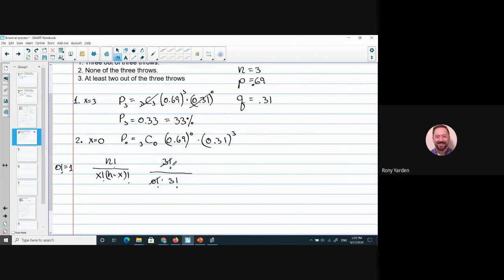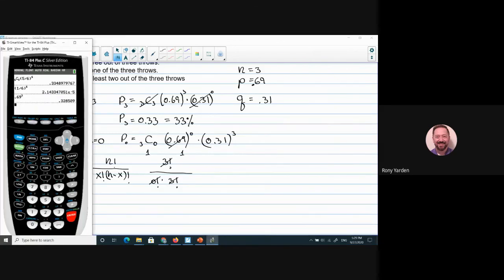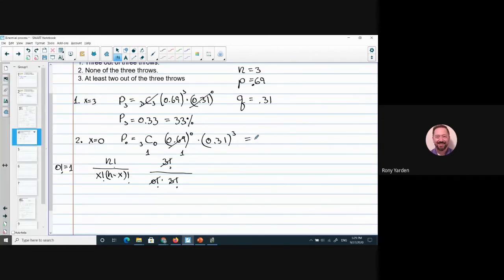This is 1, this cancels out. So the whole thing is 1, and all we have to calculate is this part, which is 0.31 to the power of 3, and we get 0.03 if I round it. So this will be 0.03 or 3%.